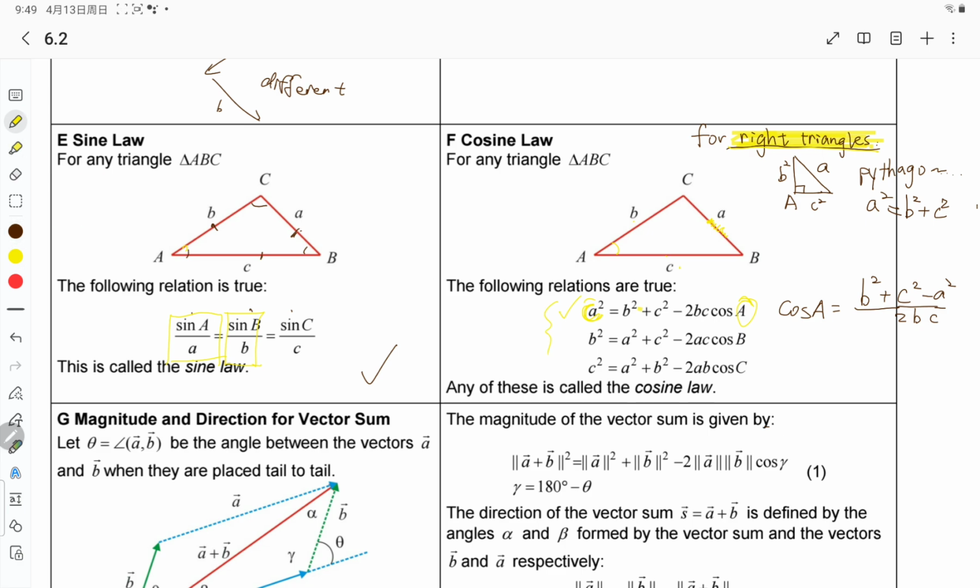The general triangle is still a squared equal to b squared plus c squared, but also minus 2bc cosine A. For now we skip the proof.